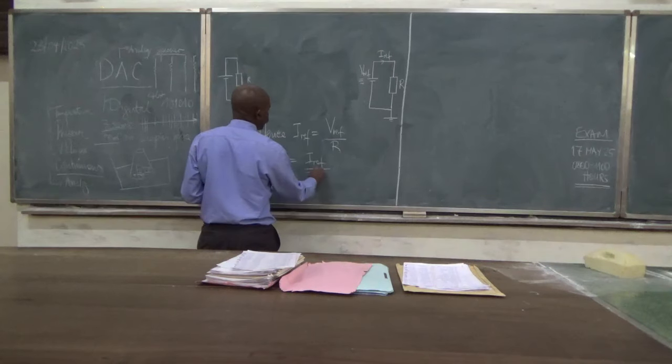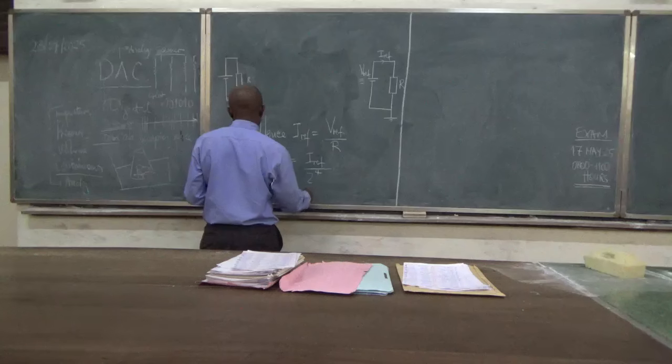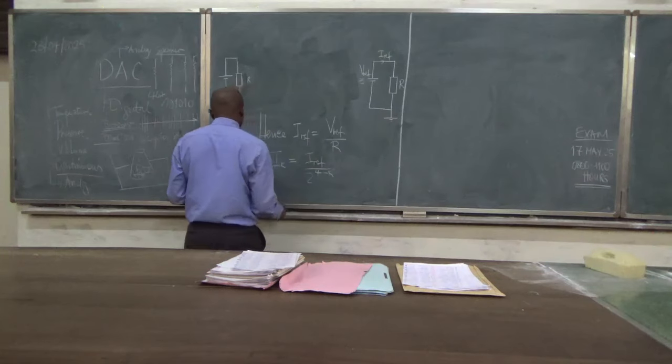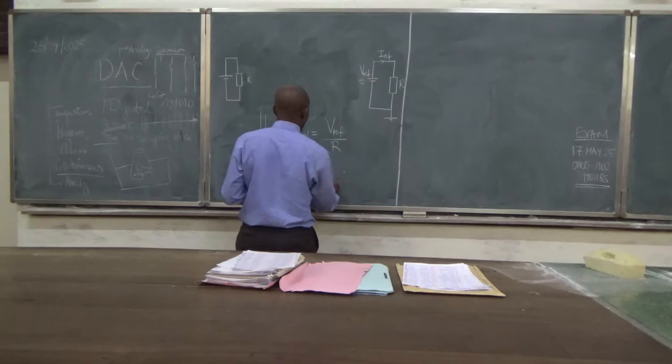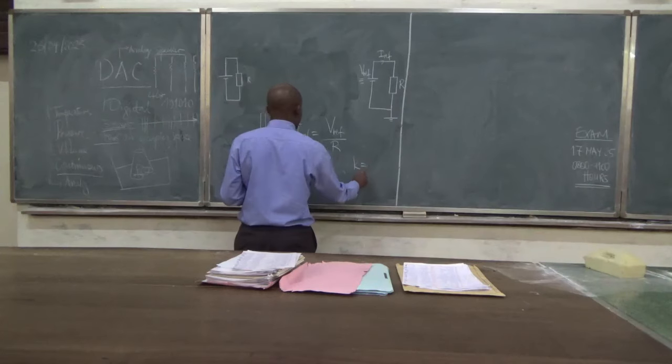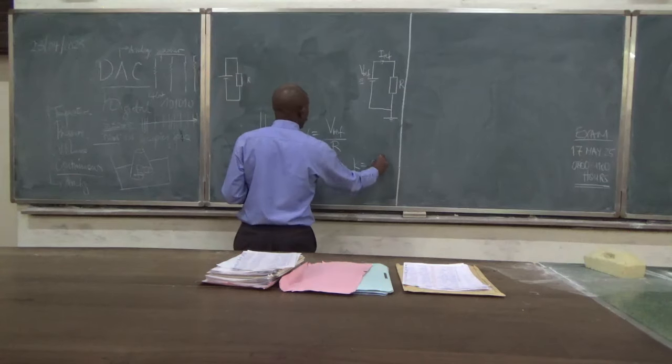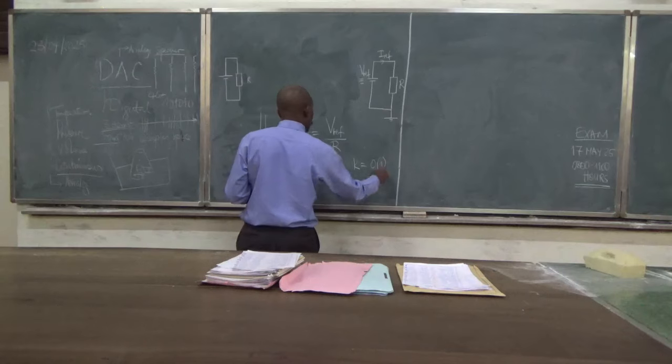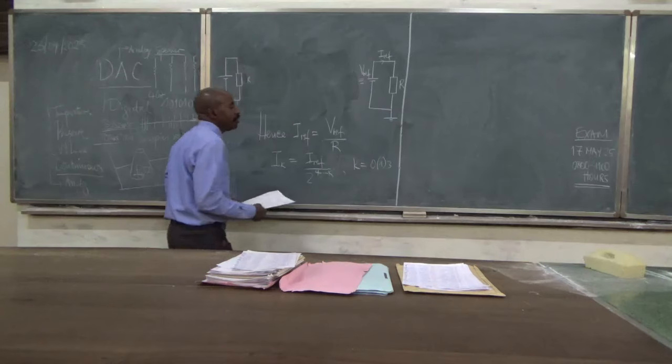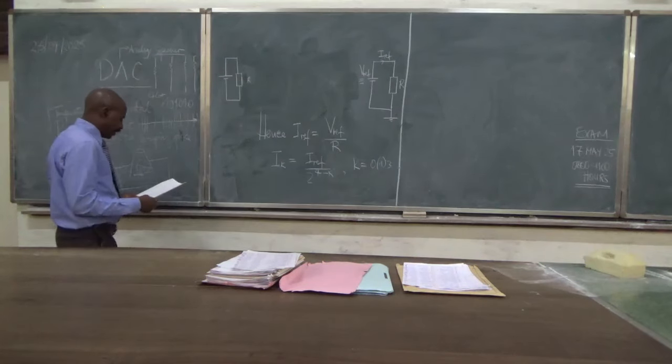We are having a 4-bit, so it will be 4 minus K for any case current, and K is from 0 in steps of 1 up to 3, since we are having a 4-bit.